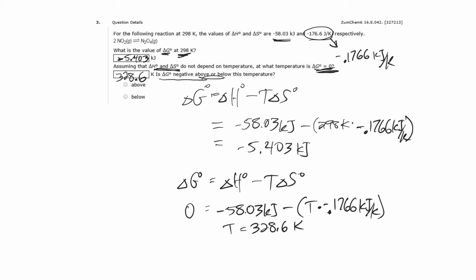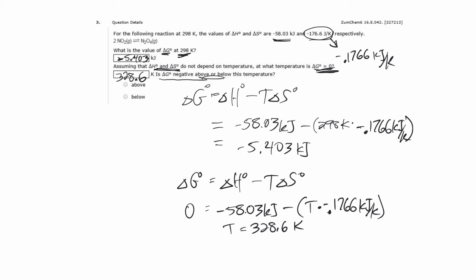Well, we have a negative delta H and a negative delta S. That's the type of situation where it is sometimes spontaneous and sometimes not. It's spontaneous when temperatures are low. So find the tipping point temperature of 328.6, and temperatures below that would all be spontaneous.